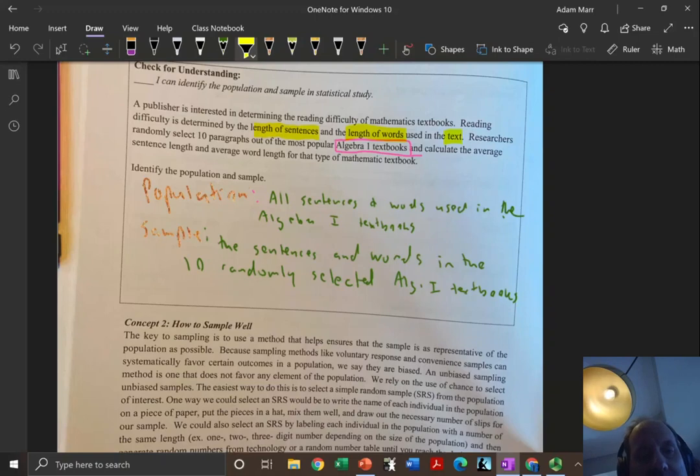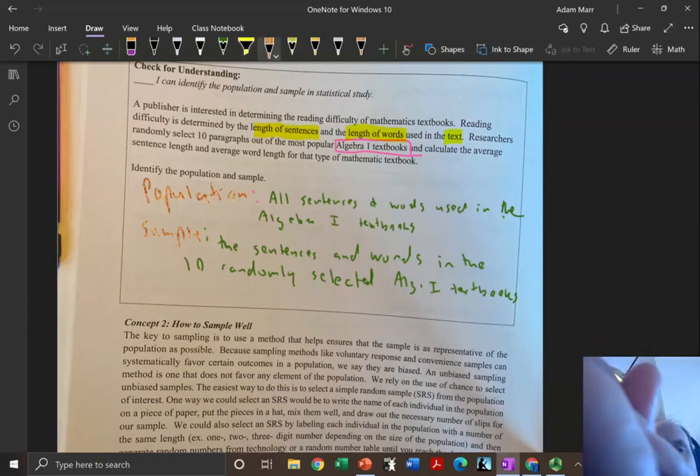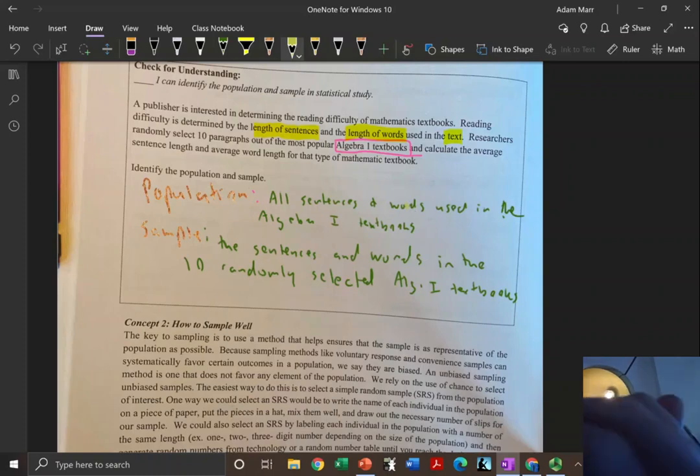Researchers randomly select 10 paragraphs out of the most popular Algebra 1 textbooks and calculate the average sentence length and average word length for that type of mathematics textbook.